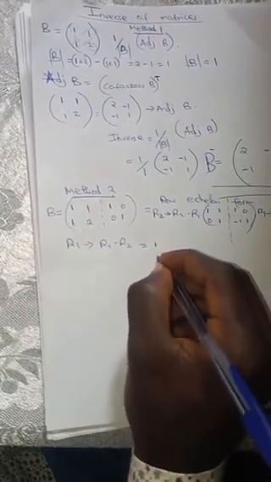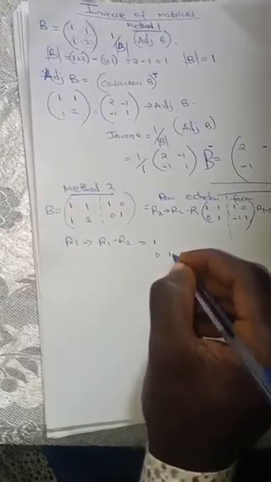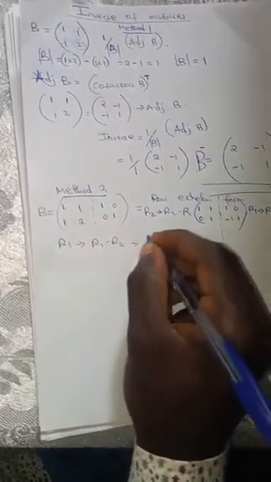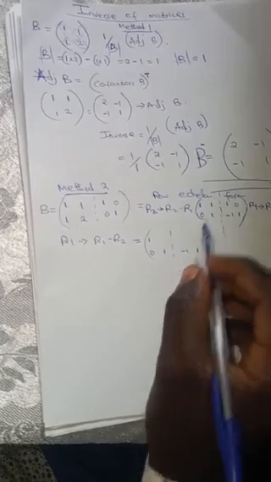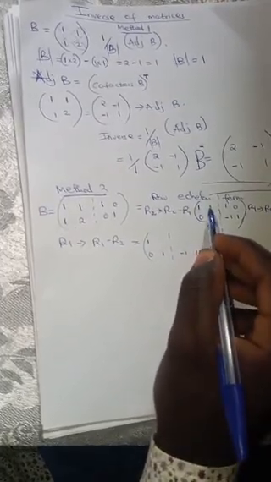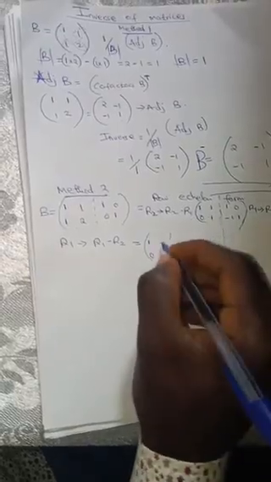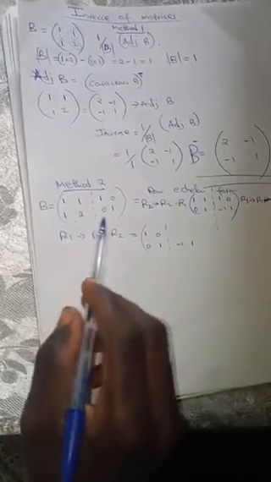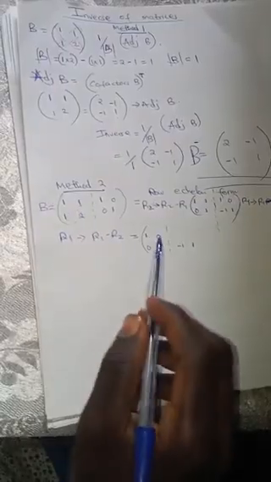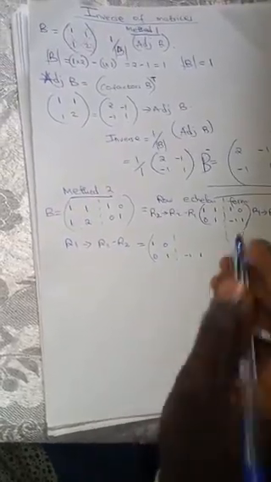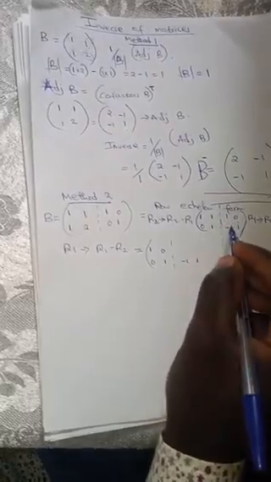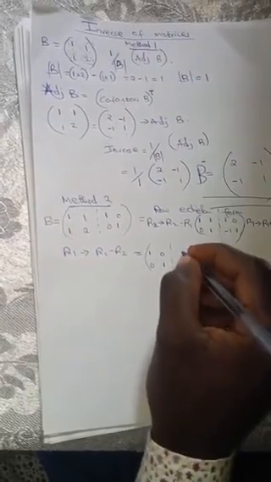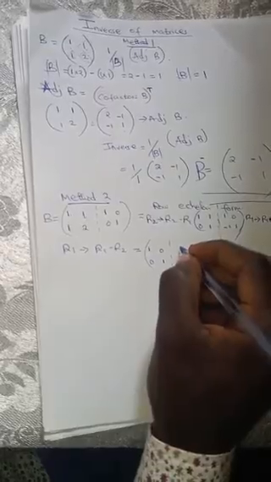The elements on the second row remain intact as we make the computation on row 1. Then row 1 minus row 2 is 0. Of course, we have achieved what we wanted: this matrix turning into an identity matrix of this type. Then 1 minus minus 1 is 2.